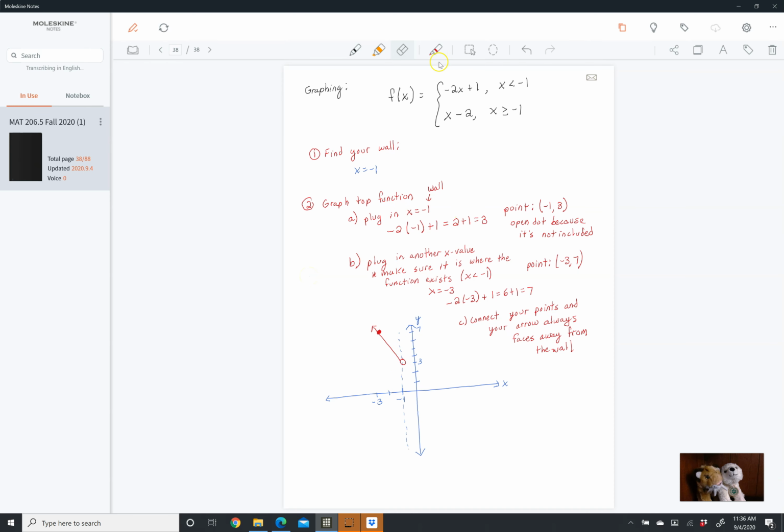Now we're going to graph the second function, the bottom function. So I'm going to put that in purple, and I'm going to start it here.